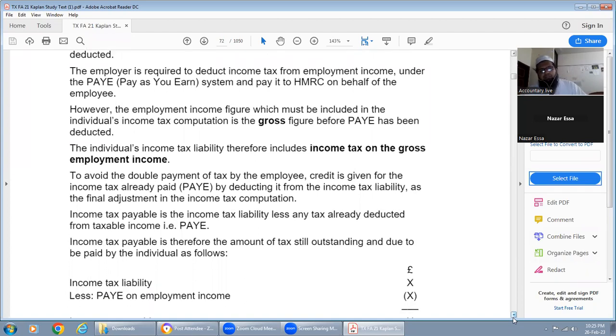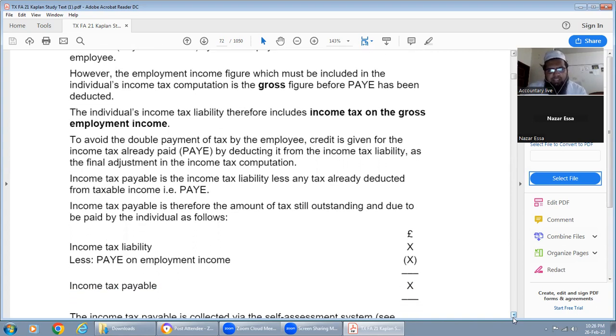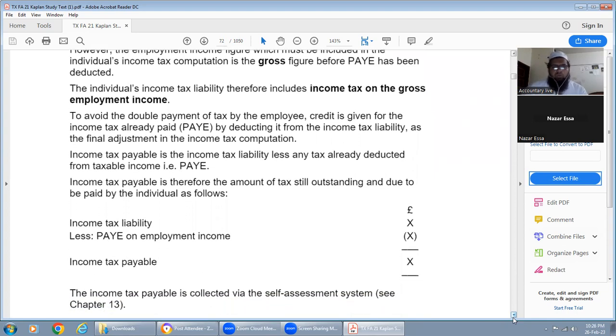However, the employment income figure which must be included in the individual's income tax computation is the gross figure before PAYE has been deducted. The individual's income tax liability therefore includes income tax on the gross employment income. To avoid double payment of tax by the employee, credit is given for the income tax already paid by deducting it from the income tax liability as the final adjustment in the income tax computation.